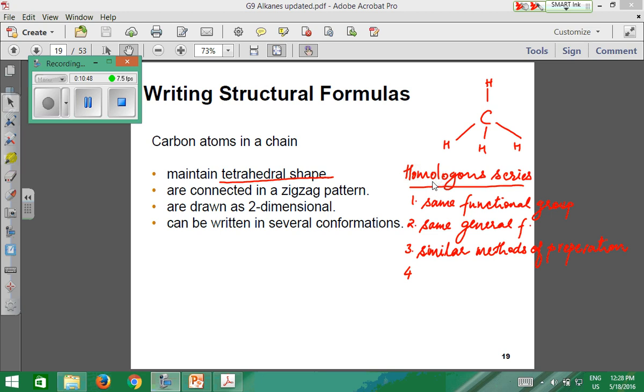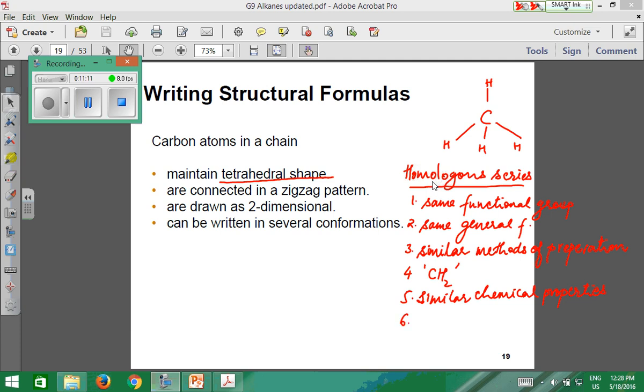The consecutive members, they differ by CH2. The members, they differ by CH2. Similar chemical properties, I can add this one also. Then the sixth one I can add is physical properties.